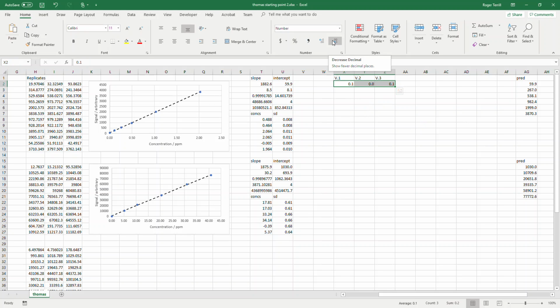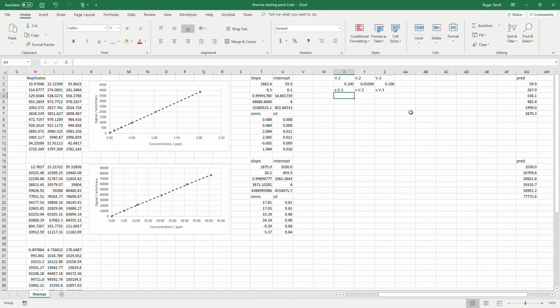So I'll just make these a little bit more precise. And then I'll make this one more precise. And so this is going to be the values. Then we need the uncertainties in those values in order to do the error propagation. And that's between the SV1, SV2, and SV3 there.